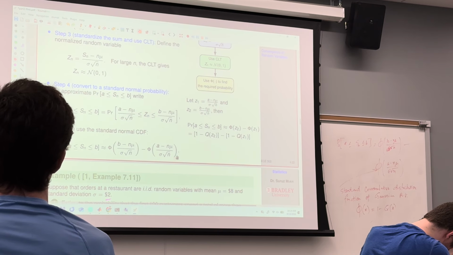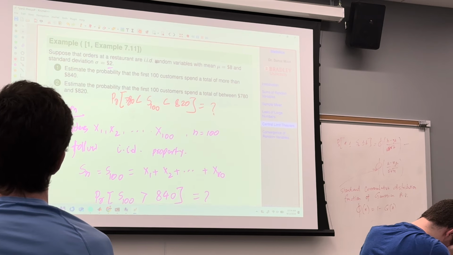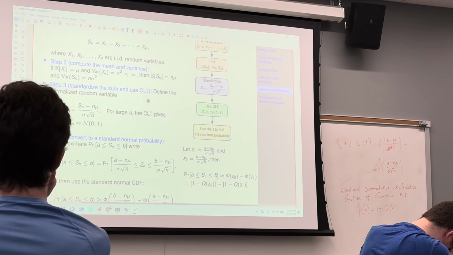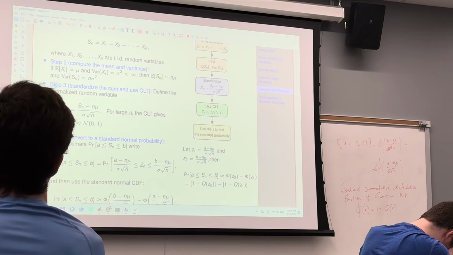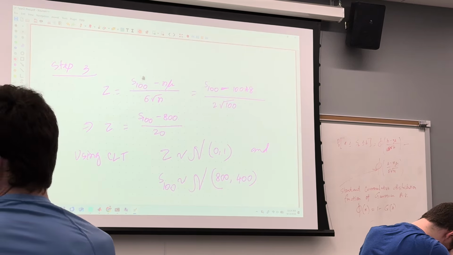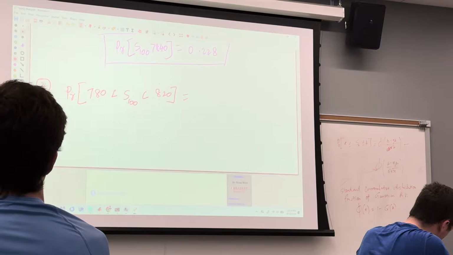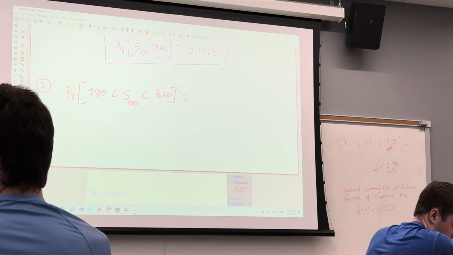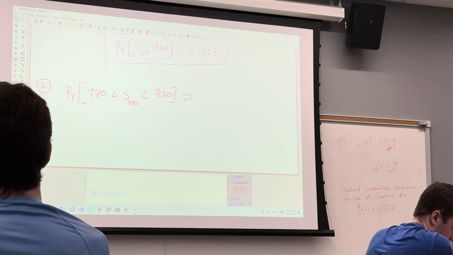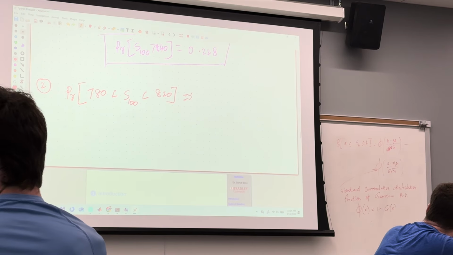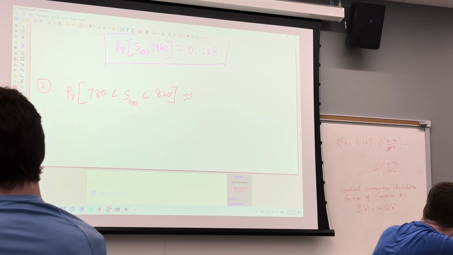It is a straight application of this formula, because we already know the upper limit and lower limit of this event. I'm going to approximate it because there are 100 customers and phi assumes that you have an infinite number of measurements, so that's why it is going to be an approximation.